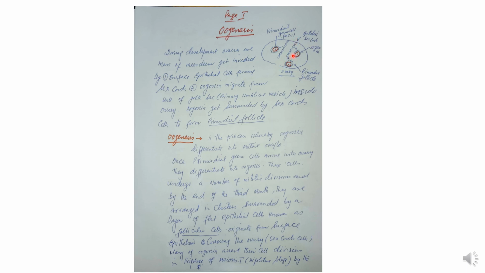Follicular cells are basically the same as the sex cord cells I told you about. They surround the oogonia, and that name is given: follicular cells. They originate from the surface epithelium covering the ovary.